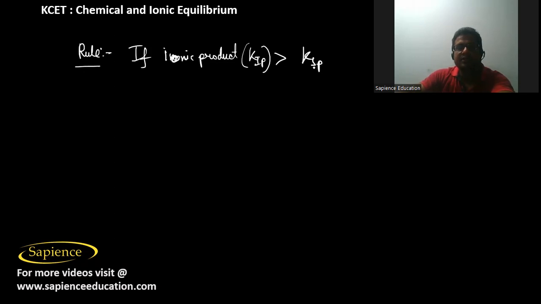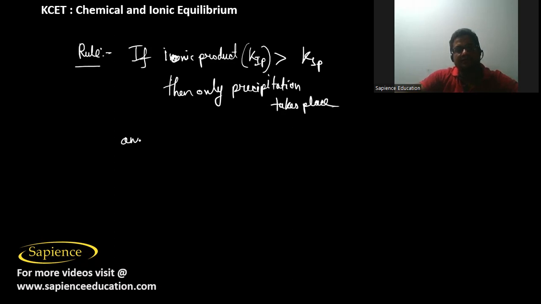The rule for precipitation to happen is that if the ionic product, KIP, is more than KSP, the solubility product, then only precipitation takes place.